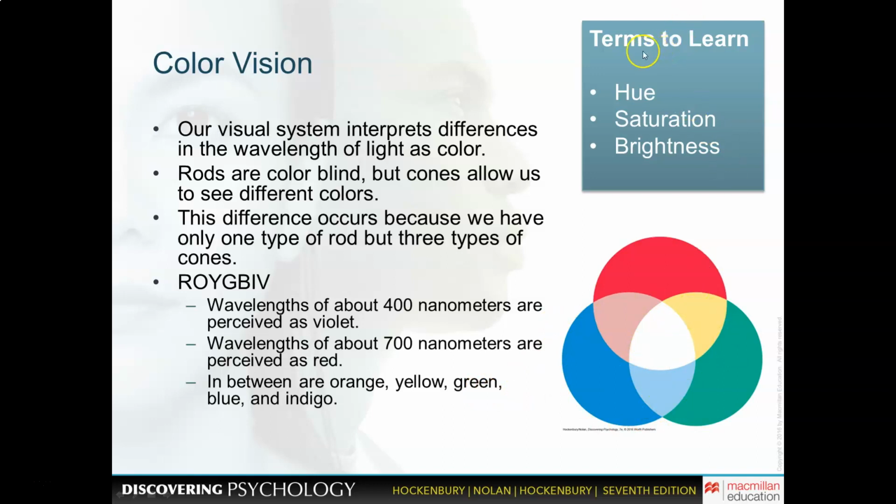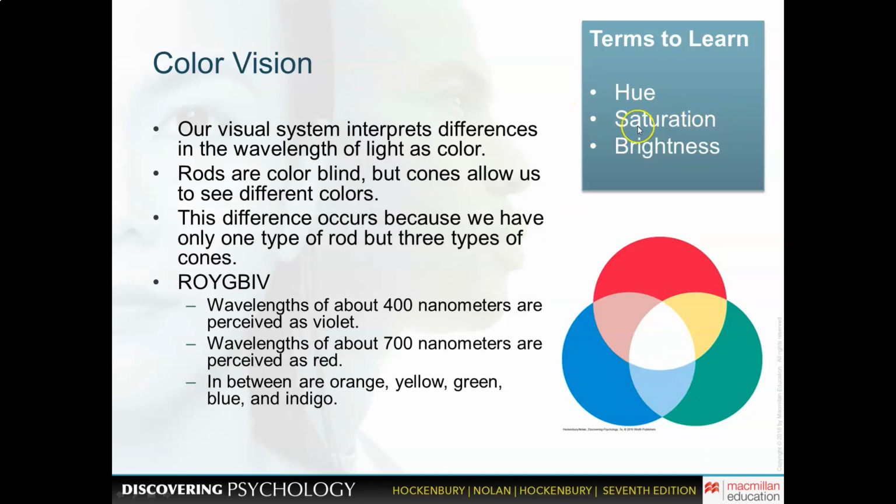Okay, now here are 3 important terms to be aware of: hue, saturation, and brightness. Hue just refers to a certain type of color. So here, the hue is blue, roughly. Saturation means how deep the blue is. This is a real deep blue, but did you notice that this is a lighter blue? That refers to differences in saturation.